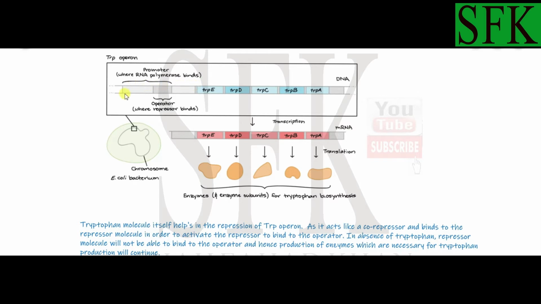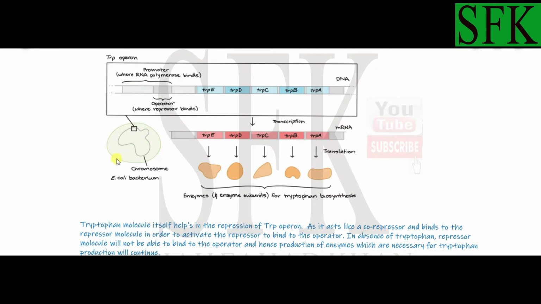Now, this operon, like the lac operon which we did in the previous lecture, contains a promoter region, an operator region, and five structural genes. The operator region and promoter region partially overlap with one another, and this is its entire structure.